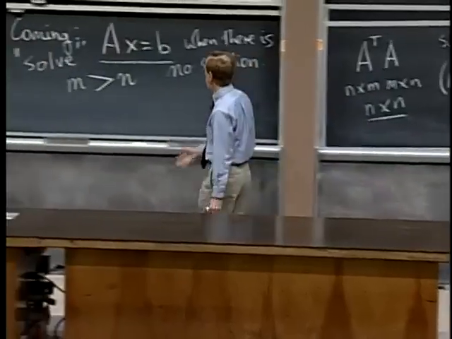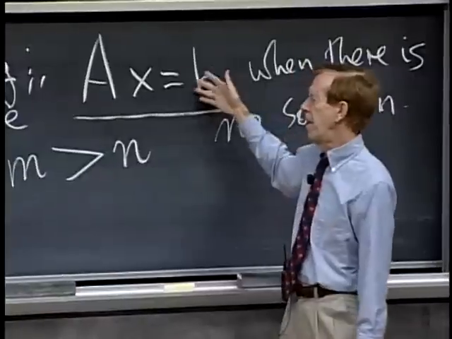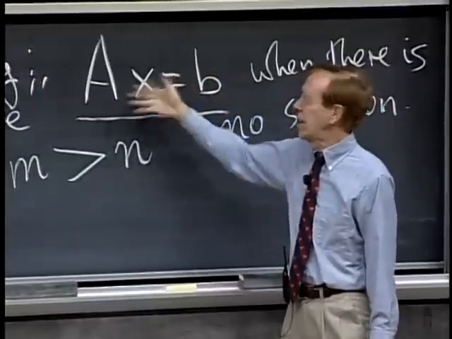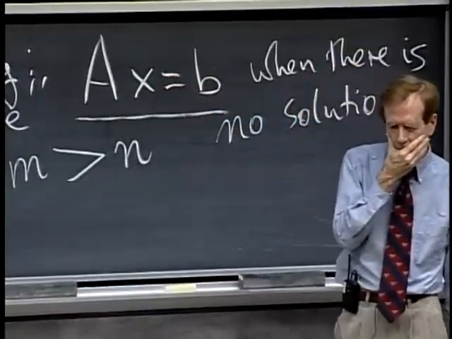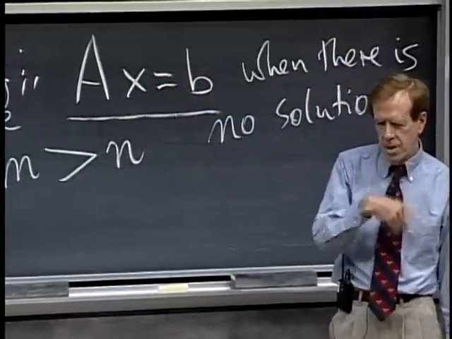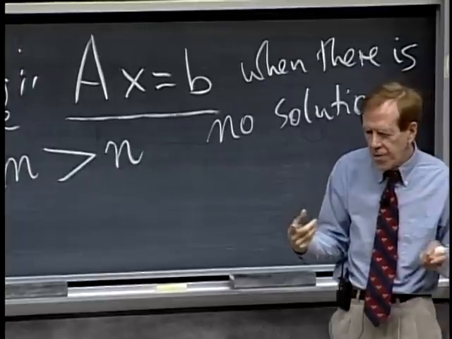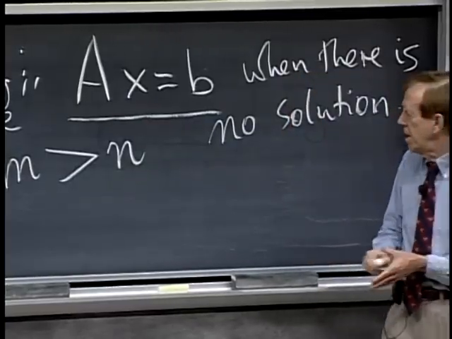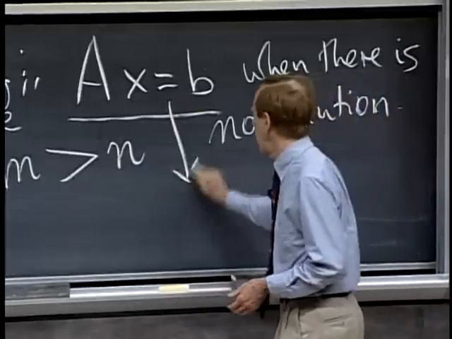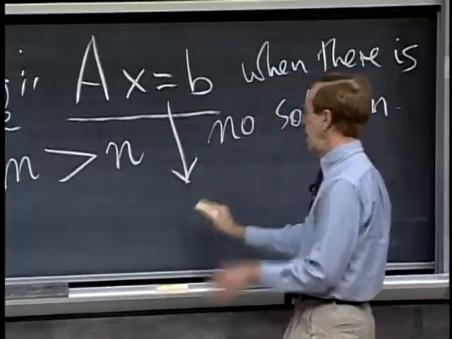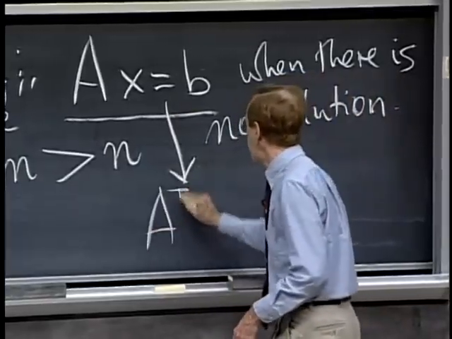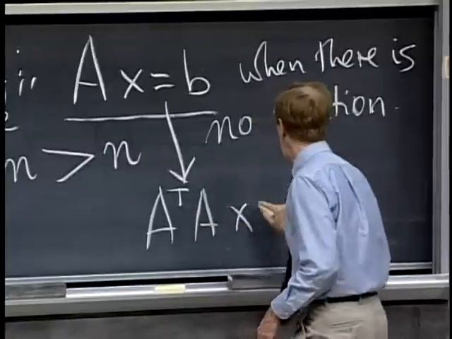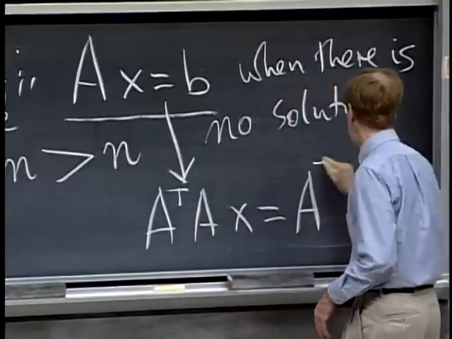Let me tell you what equation to solve when you can't solve that one. The good equation comes from multiplying both sides by A transpose. So the good equation that you get to is this one: A transpose A x equals A transpose b.